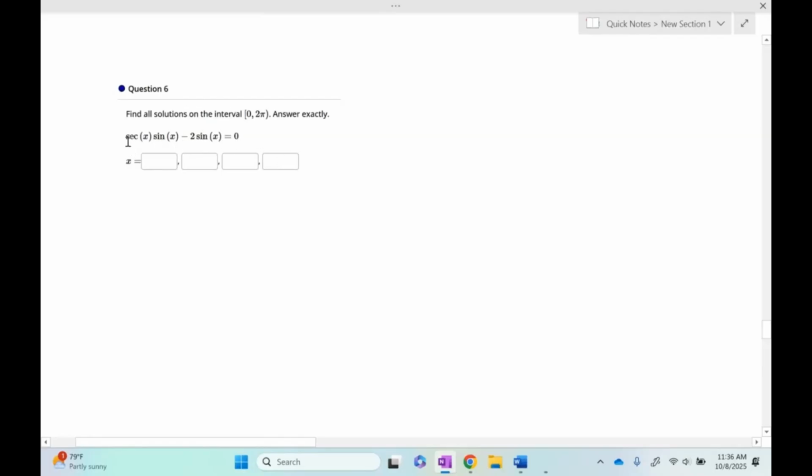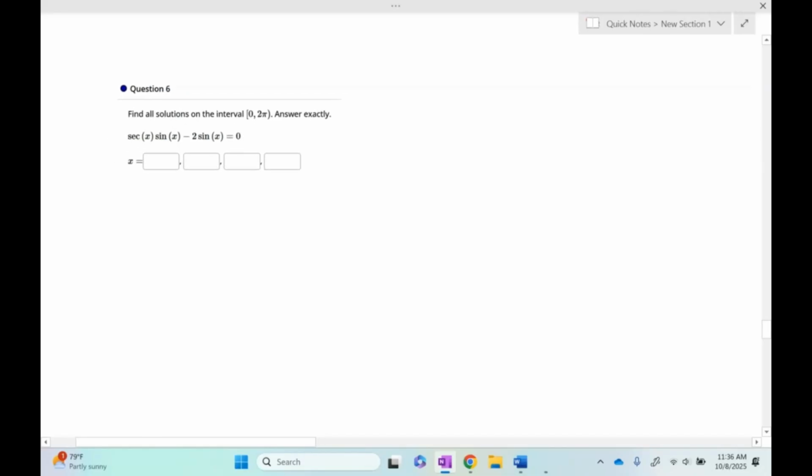But I do see that these things over here are being multiplied, like secant x times the sine of x minus 2 times the sine of x equal to 0. Now this one actually categorizes as a quadratic. I'll show you why in a second though.